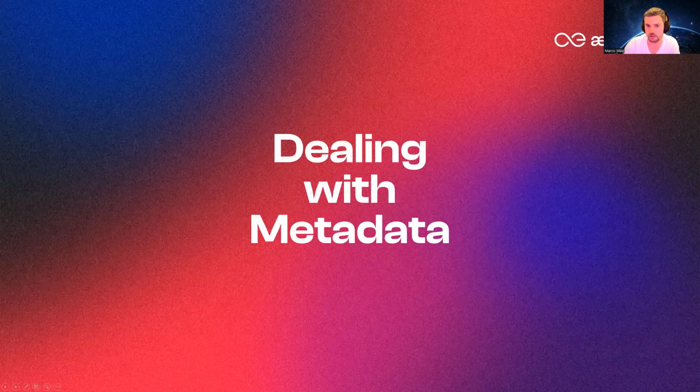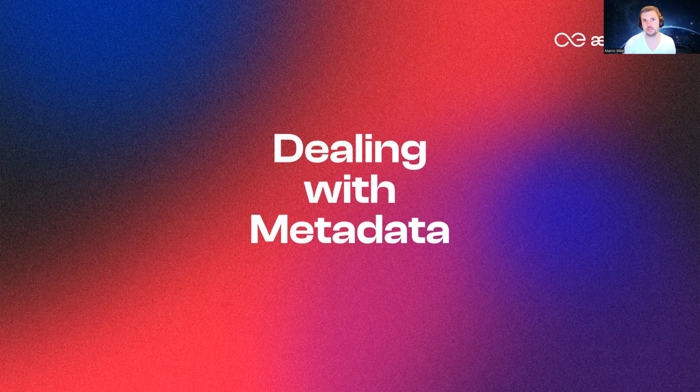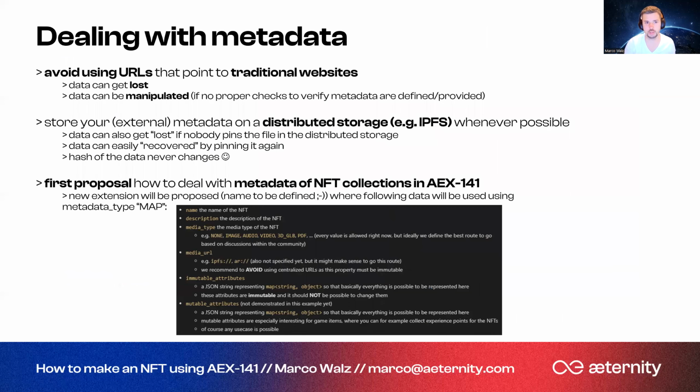Okay, what's next? Dealing with metadata. It's one of the most important stuff. I already said that you have many possibilities. Before I go into the example, first, a general advice: you should avoid using URLs that point to traditional websites.